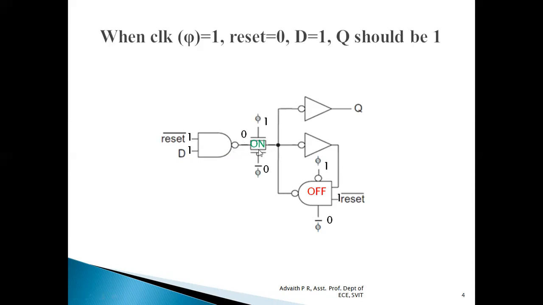Because this transmission gate is on and acts as a closed switch, this 0 will be reflected to this particular point. Inversion of 0 is 1, so that 1 will be reflected over here as well. So when clock is high, reset is 0, D is 1, Q should be equal to 1. We are getting that. This is the first case.